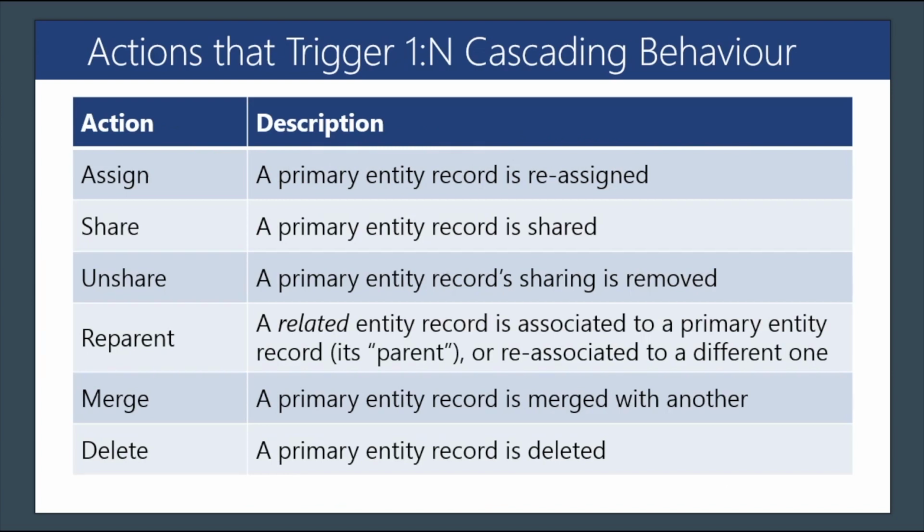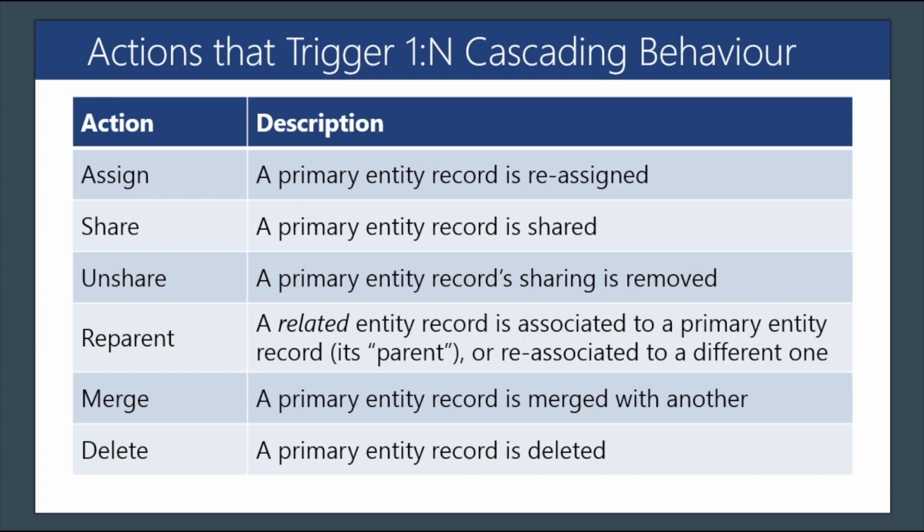The types of actions that can trigger what we call the cascading behavior: an assign. So, for example, when a primary entity in the relationship is assigned to another user, all of the subsequent records can be assigned to that user as well. When it is shared, you can also control the sharing, or if it's unshared, same again, the cascading behavior.